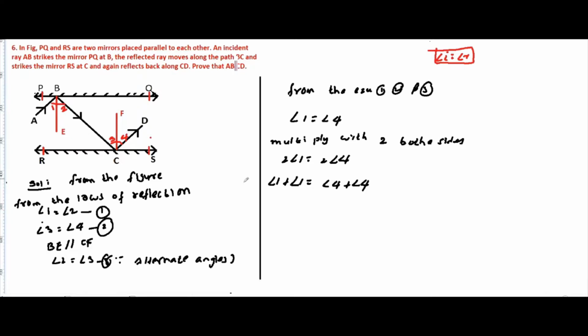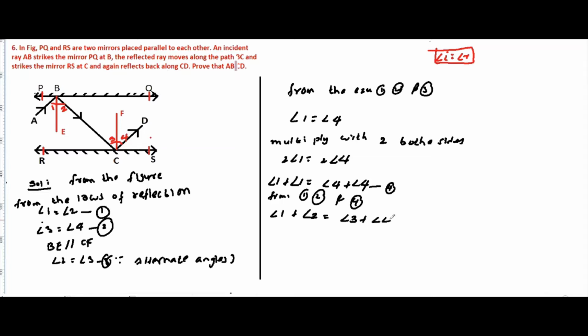From equation 1, angle 1 equals angle 2. From equation 2, angle 4 equals angle 3. Using these, in angle 1 plus angle 1 equals angle 4 plus angle 4, instead of the second angle 1 we write angle 2, and instead of the first angle 4 we write angle 3.